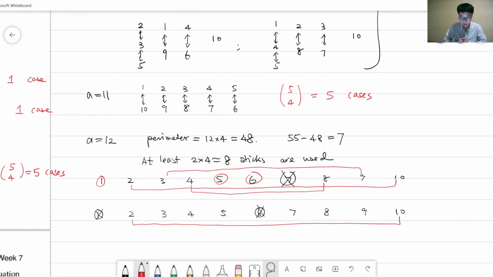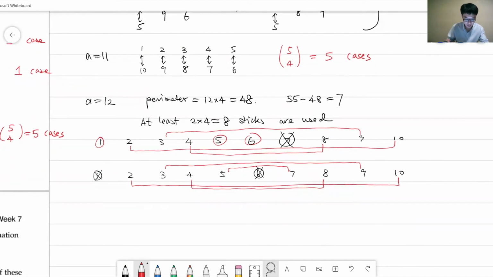That's the only way for 10 to add a number to equal 12. So 3 has to be with 9, and 4 is with 8, and 5 is with 7. So this contributes another square. And basically that's all for the side equals 12.